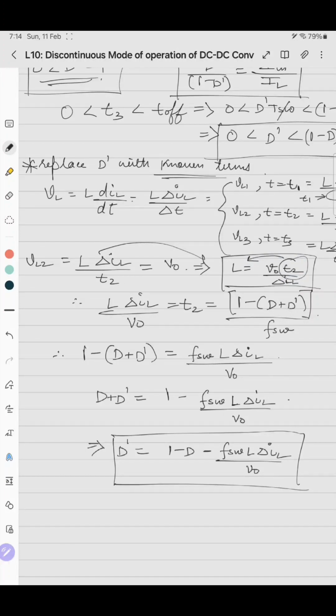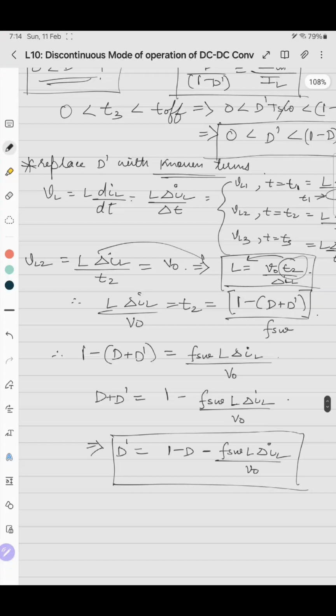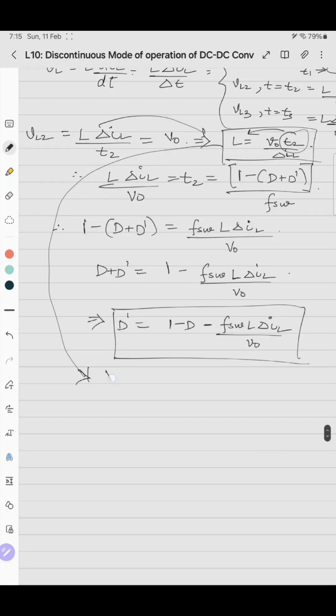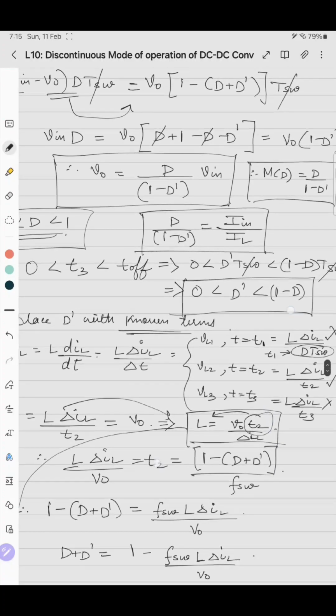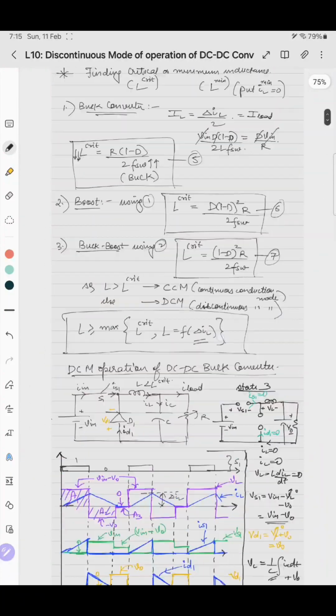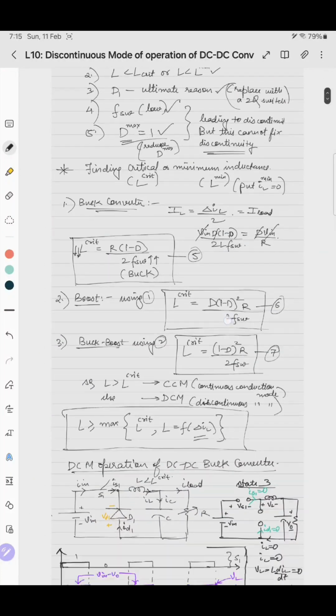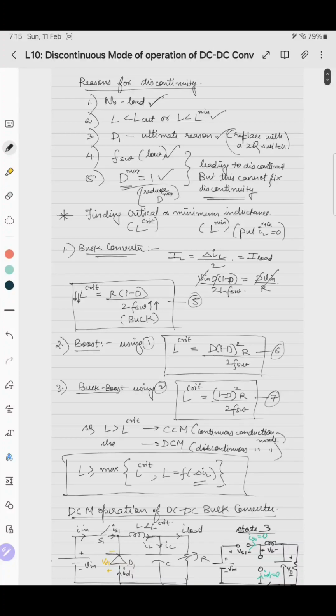So V naught T2 by delta IL should be less than L critical. What was L critical for the buck converter?